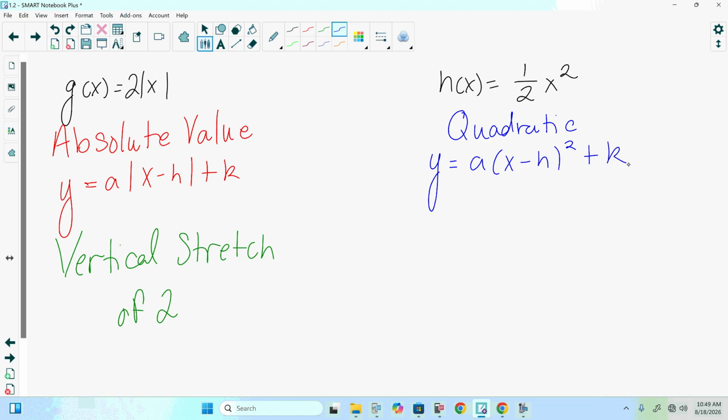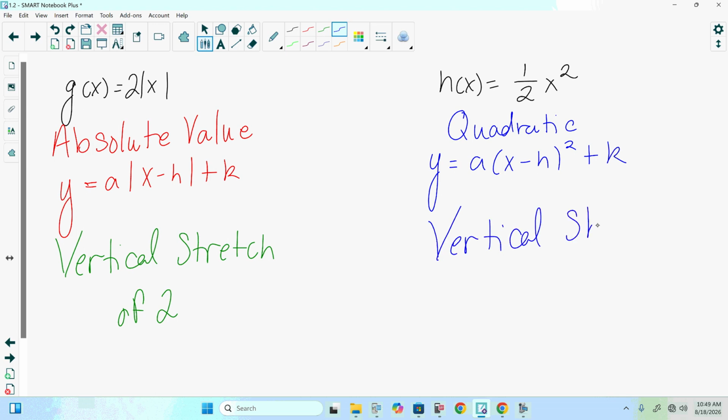Is it negative? No. It is not negative, so there is no reflection across the x-axis. But because we do have a value there, it's going to tell us it's either a stretch or a shrink. It's a stretch if it's greater than 1. It's a shrink if it's between 0 and 1. So this here would be what?